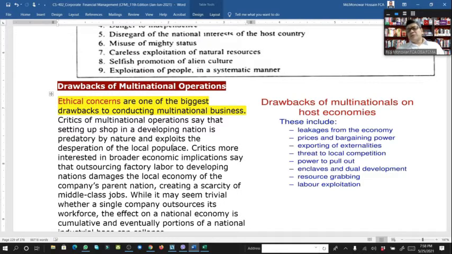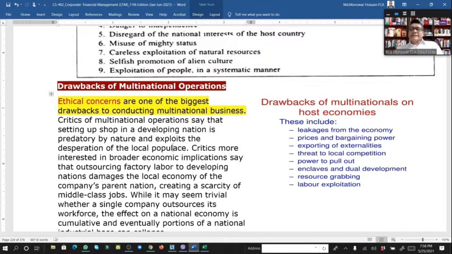So in this way, if they establish their industry in our country, one thing is positive: employment generation would be created, and they will bring the FDI. Also, they will bring technical know-how. That means here we are talking about price and bargaining power.